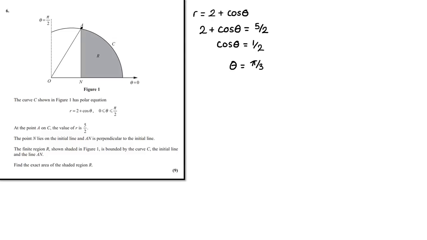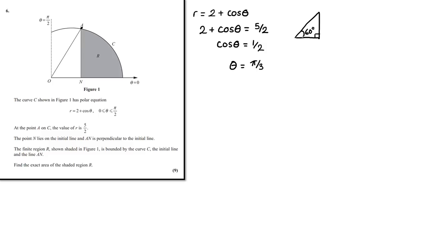What we can do now is draw this triangle OAN as a right angle triangle. That's what we've got here. If I draw that up here, we get something that looks like this. This is my right angle triangle. We've got this angle here, which we've just worked out. That's theta, which was pi/3 or 60 degrees.